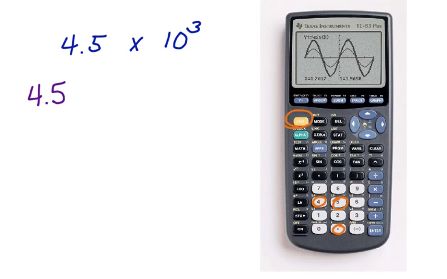Next, we hit the yellow button and EE, so that an E shows up on your calculator. And finally, we enter 3, which is our exponent. Our last step is to hit the enter button, and our number is 4,500. This is our solution.